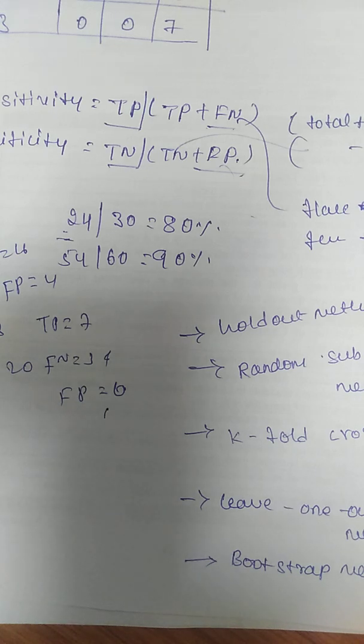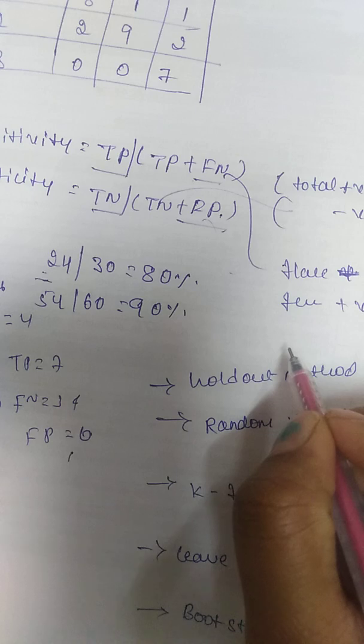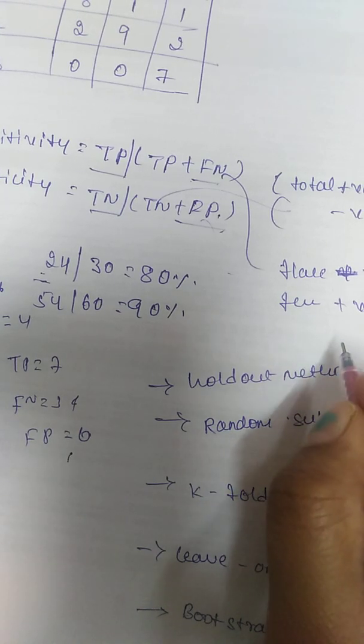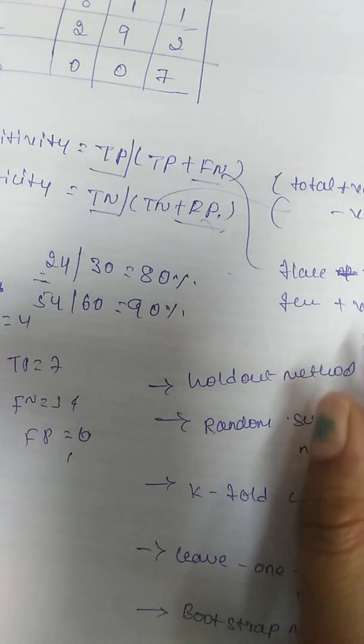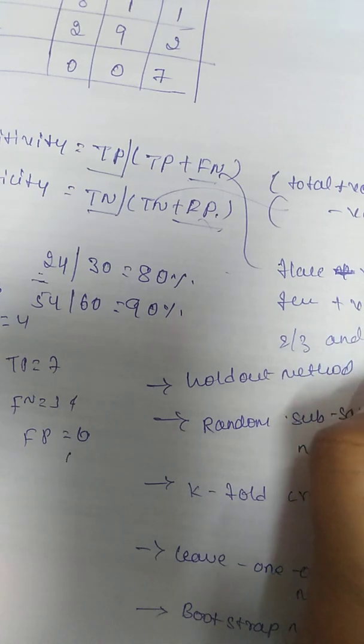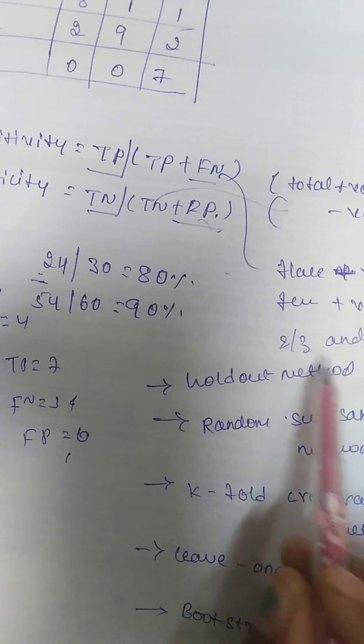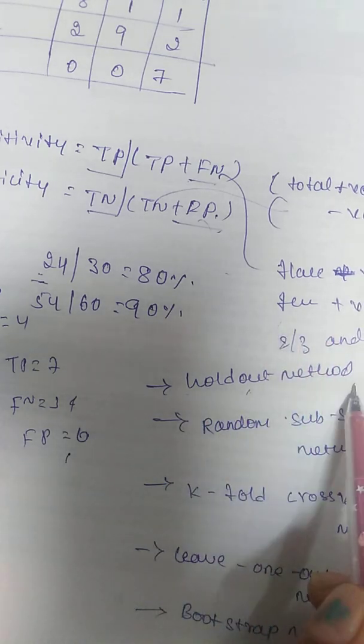It may be that only one data set is available, and it has been divided into 2 subsets, two-thirds and one-third. This is divided into subsets, so we call it the holdout method.